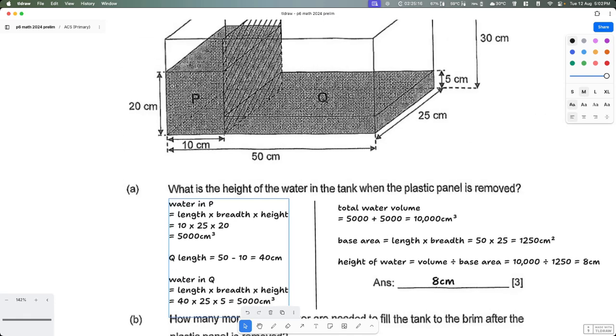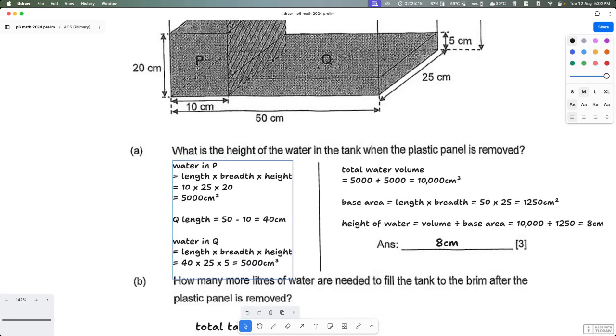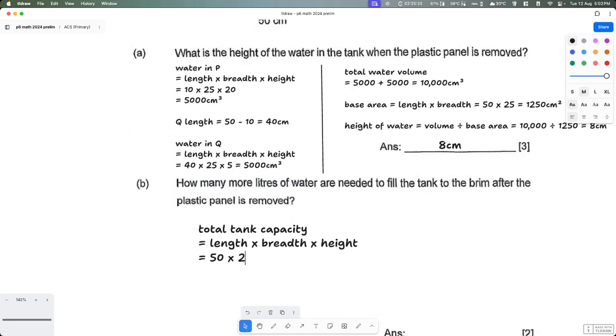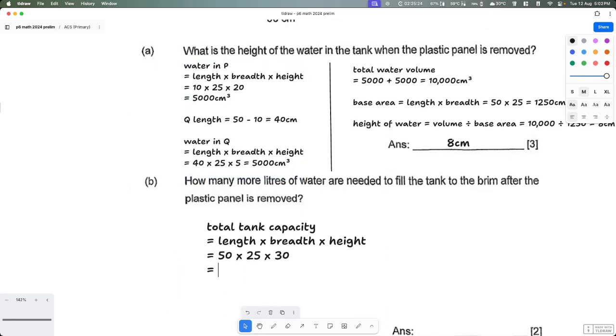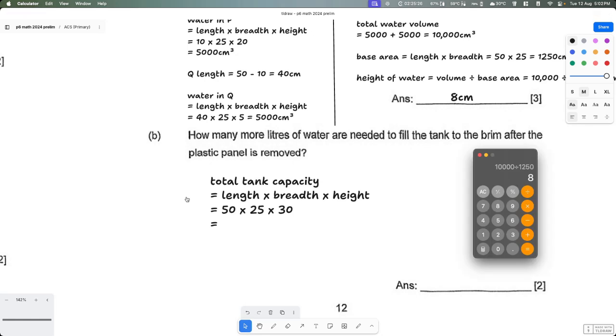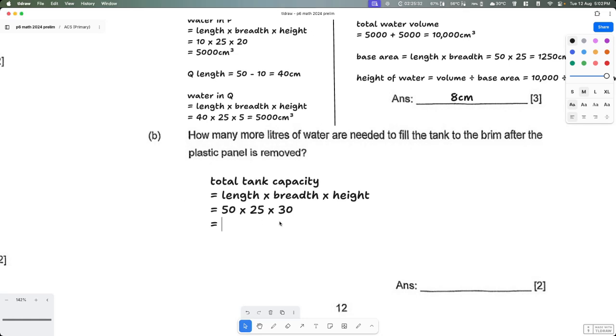So 50 times 25, and then the height is 30. This will give us 37,500 centimeter cube.